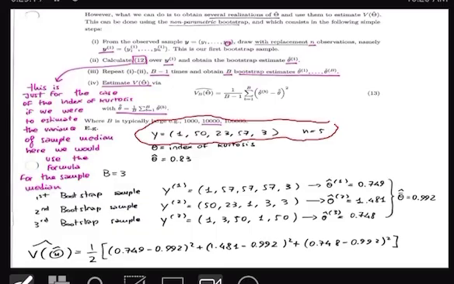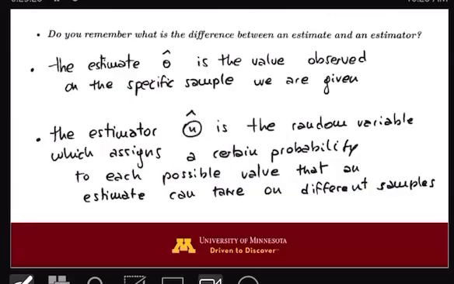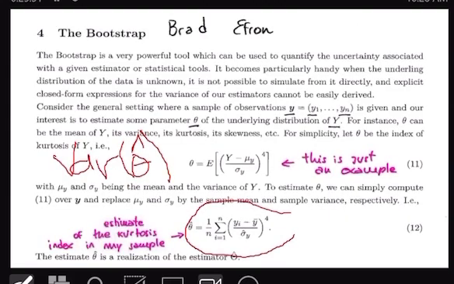What am I looking for? I'm looking for kurtosis. The very first thing I'm going to do in the first step is use the formula in equation 12: y bar, the mean of the data, and the standard deviation of the data.